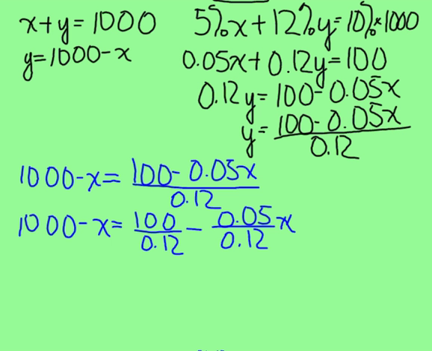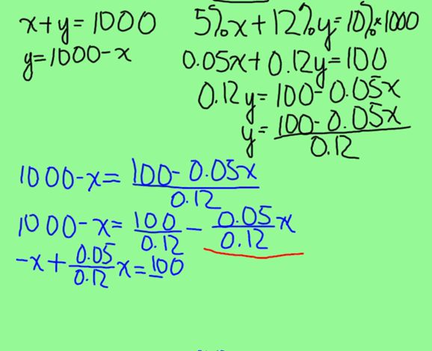I think I'm going to move the x's over to the left side. So we already have a minus x there. And we want to move this 0.05 divided by 0.12x, and it's a minus right now. So when you move it over, it's going to change to a plus. On the right-hand side, we've got our 100 divided by 0.12.